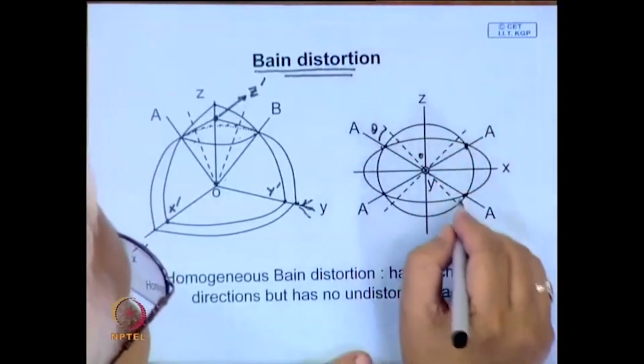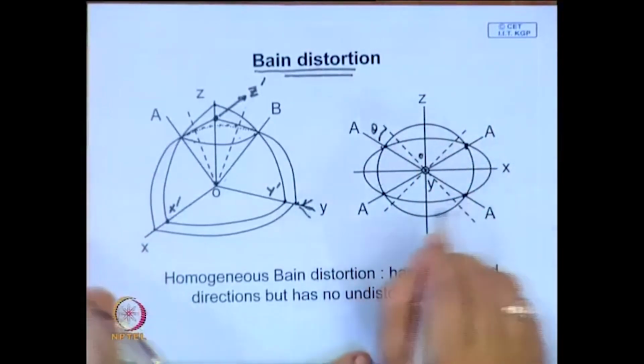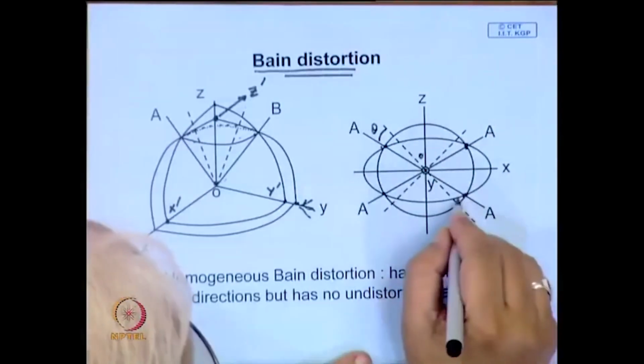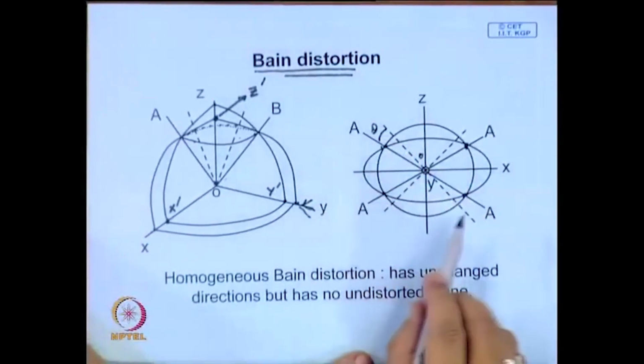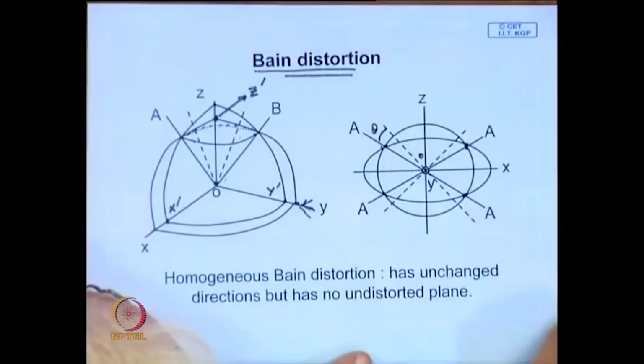So you can think about an undistorted plane provided you allow a certain amount of rotation in the crystal lattice. That means to accommodate Bain strain, you have to visualize some kind of rotation of a part of the crystal in the lattice.